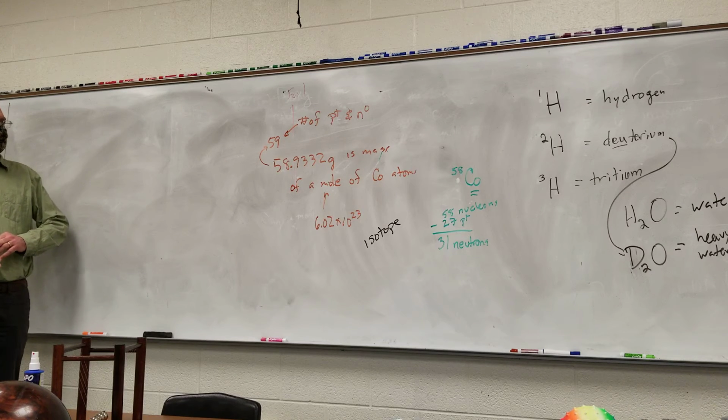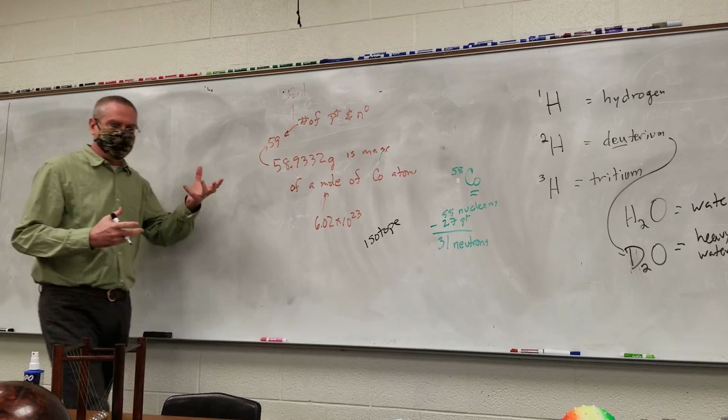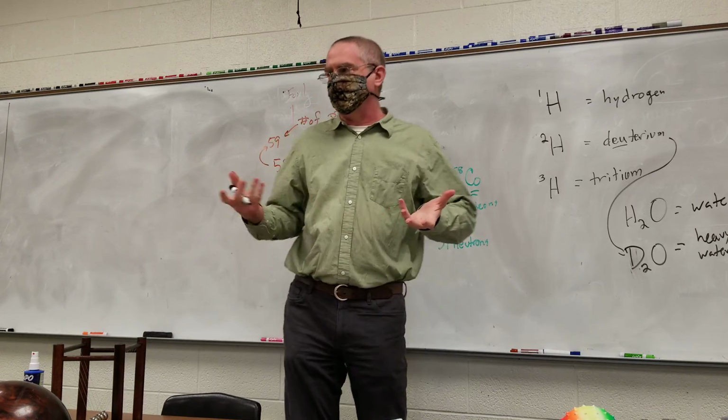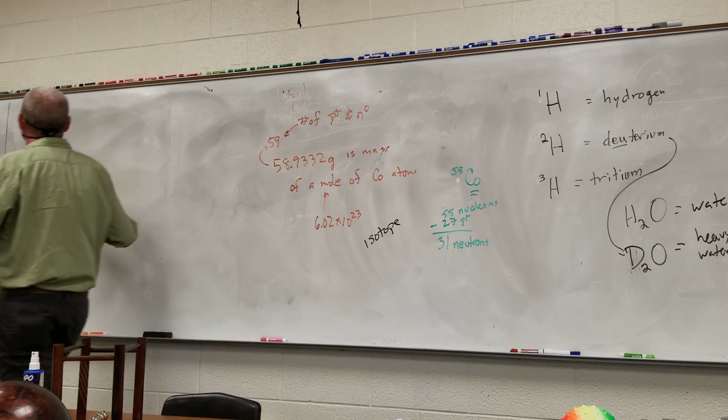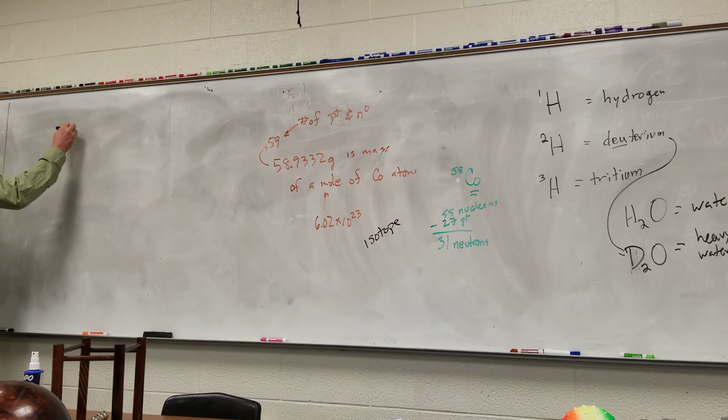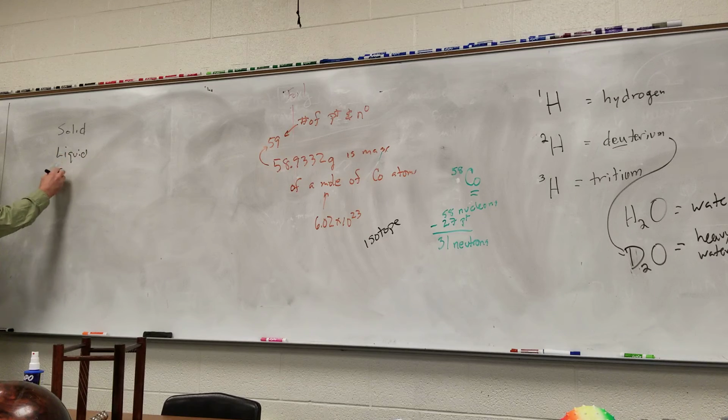All right, so now, depending on how this stuff is organized, we get to then what we had at the end of class last time. We had the solids, we'll stick with the big three, solids, liquids, and gases.